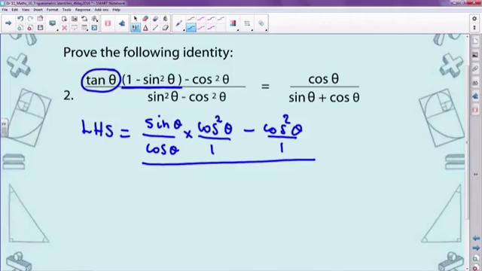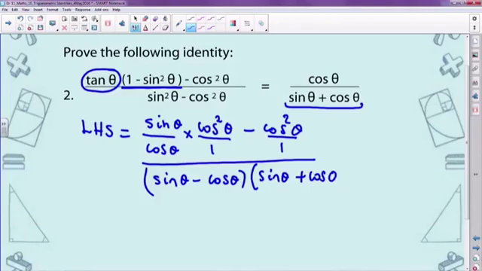Check the denominator on your right-hand side: sine theta plus cos theta. Left-hand side, you've got sine squared theta minus cos squared theta. Remember in your algebra in grade 10, x squared minus y squared factorizes to x minus y times x plus y. So here you have sine theta minus cos theta, bracket sine theta plus cos theta.